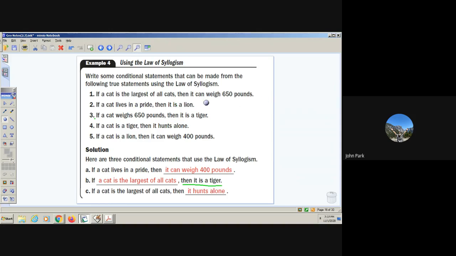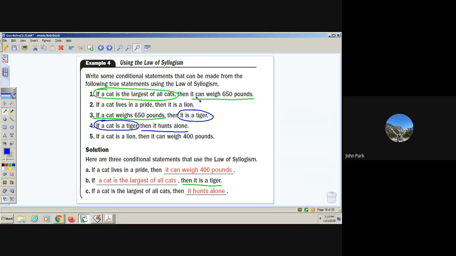Now, another thing you can do is notice on the last one here, it actually makes a jump several times. So if a cat is the largest cat of all, it starts here, and then it can weigh 650 pounds, and then it is a tiger. However, instead of saying it is a tiger, which we already did, I can make another jump. Here is, if it is a tiger, then it hunts alone.